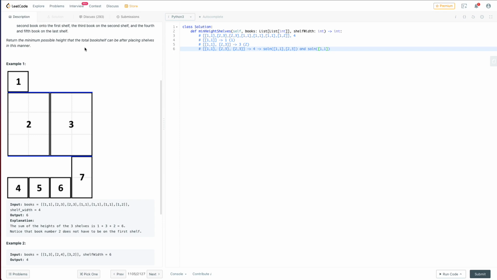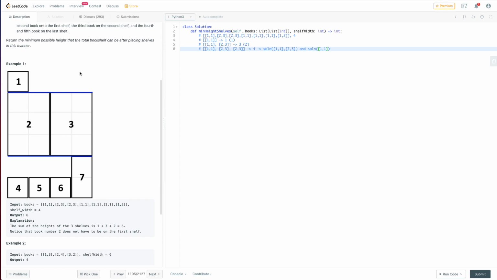Would I ever have to consider more than one block in the past to move down one shelf? So suppose the width was like 1,000, right? And then this was like block 50, and block 50 is quite wide. Do I only consider block 50 and block 49 as candidates to move down, or do I consider things before?